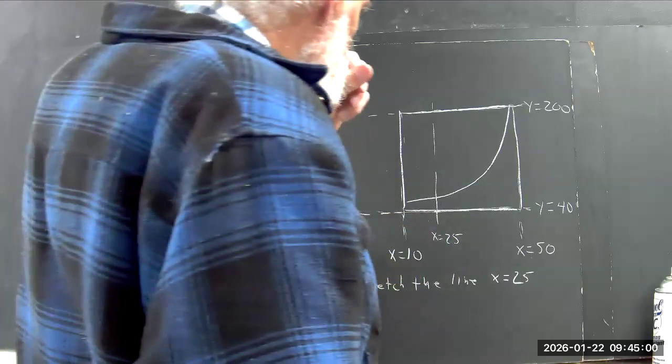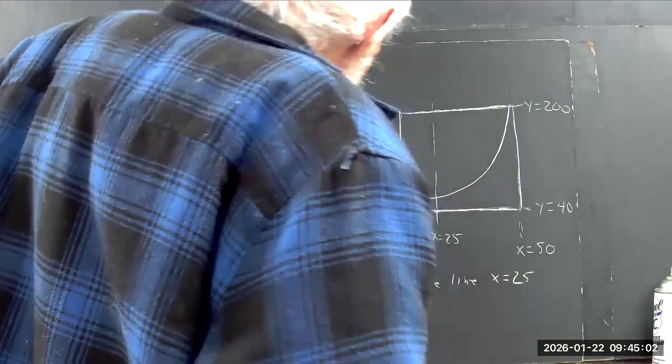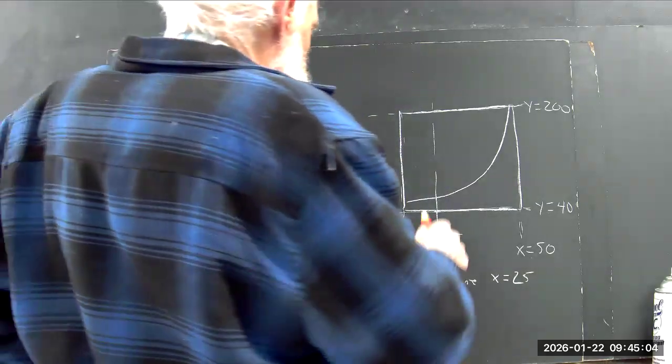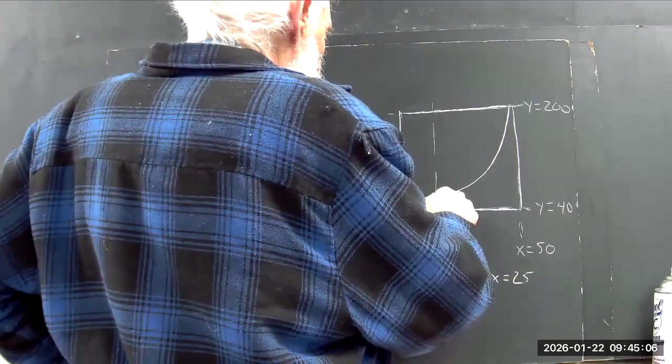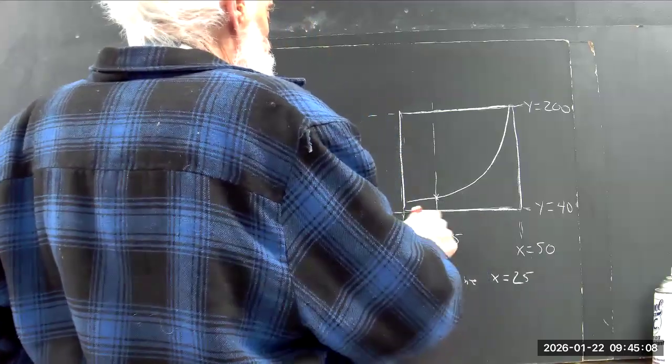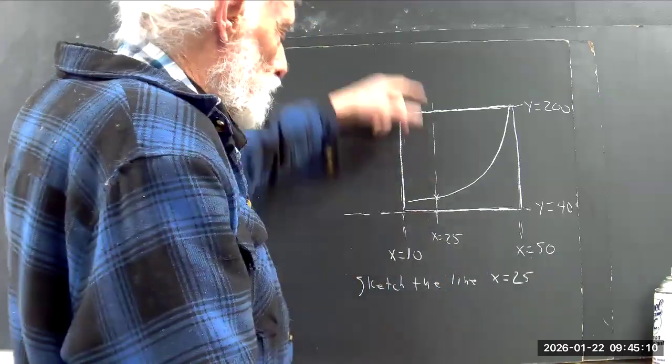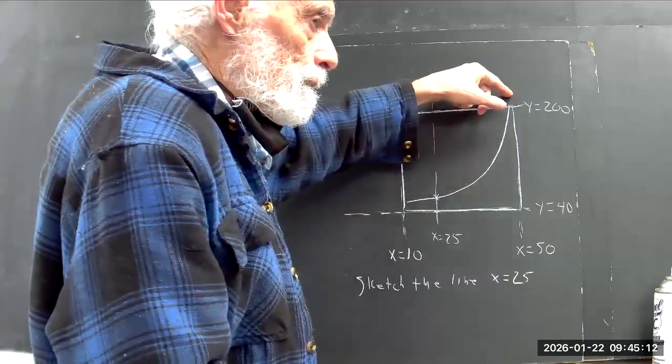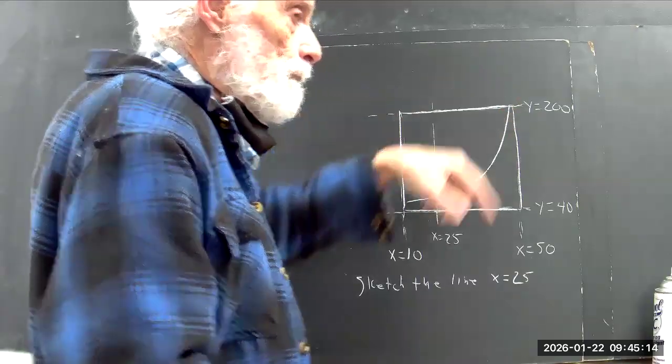So if x equals 25, can you make a point here where the x equals 25 line meets the graph?